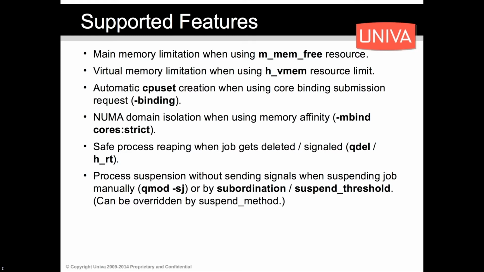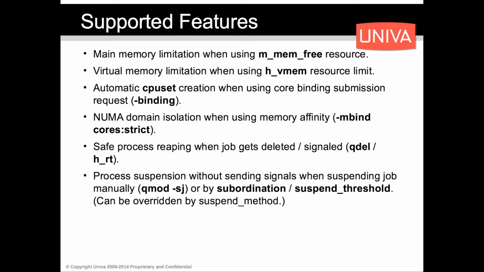For using the NUMA domain isolation, that means that a job can only request local memory, that means memory from the local NUMA domain, then you need to request the memory affinity, which was introduced in Univa Grid Engine 8.1 by using the -mbind cores:strict parameter. This also requires setting a core binding.